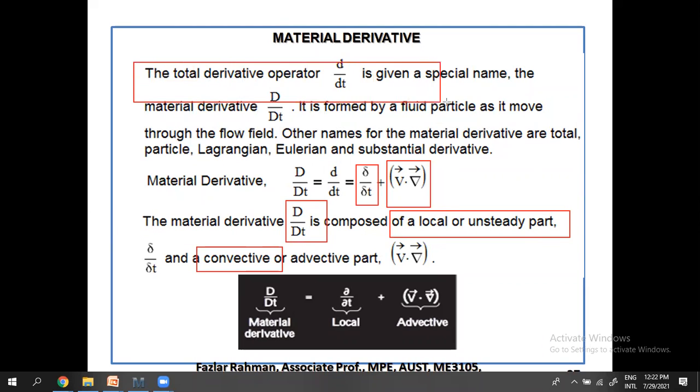The total operator d by dt is sometimes given a special name, that is called the material derivative. It is followed by a fluid particle as it moves through the flow field.